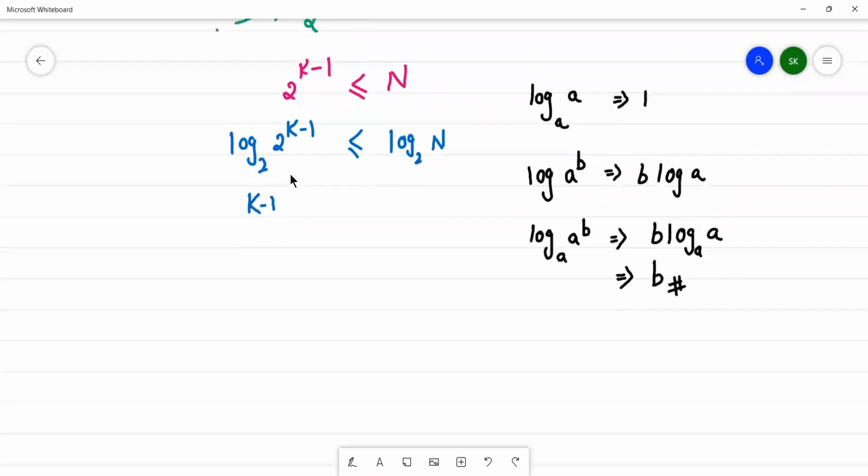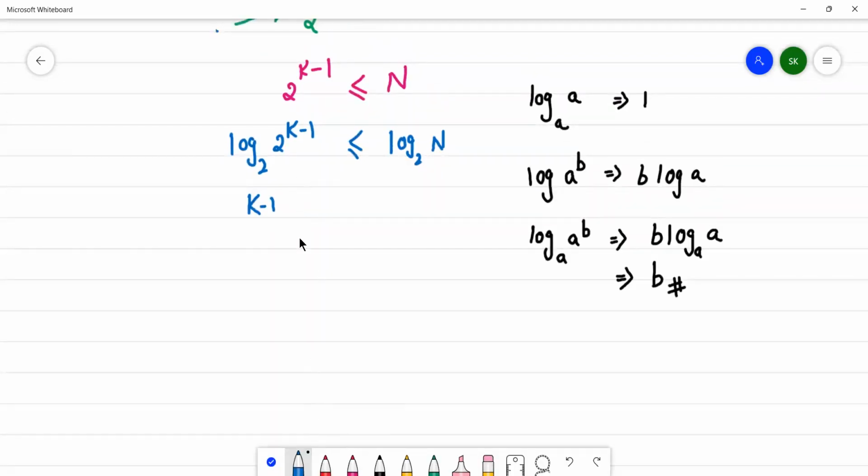It will look like log base 2 of 2 less than or equal to log base 2 of n. This thing will go out as 1. So it will come out as k minus 1 is less than or equal to log base 2 of n.